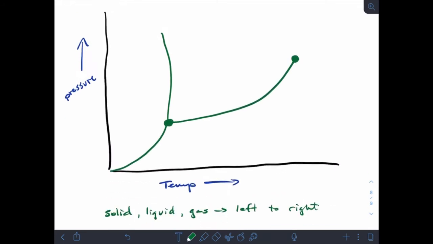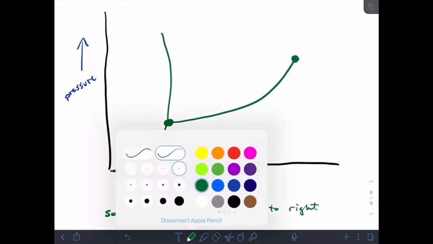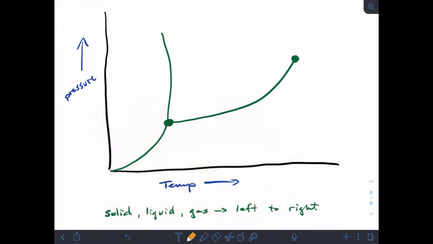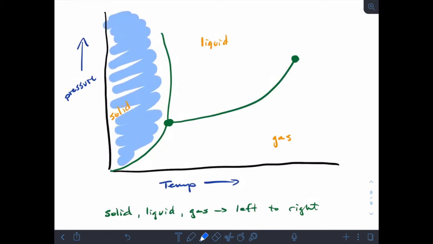Okay, so on the far left, I'm going to have solid, and as I go left to right, I go solid, liquid, gas. Okay, so this whole region over here is all solid.